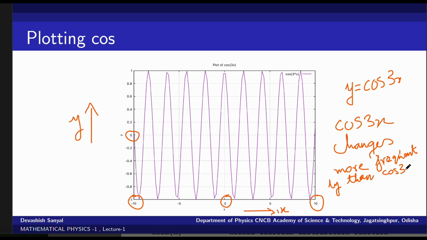So I can say that the period of cos 3x is less, and I can use the same logic. If I increase x by 2 pi by 3, what do I get? cos 3x plus 2 pi, and this again we know is cos 3x.